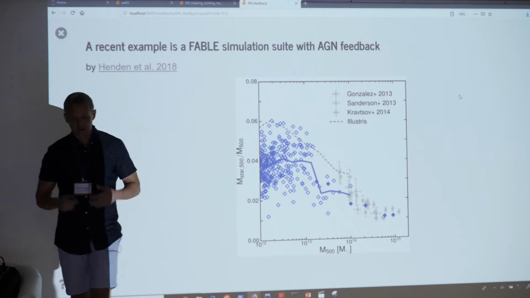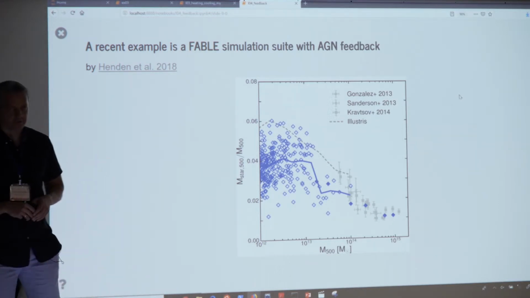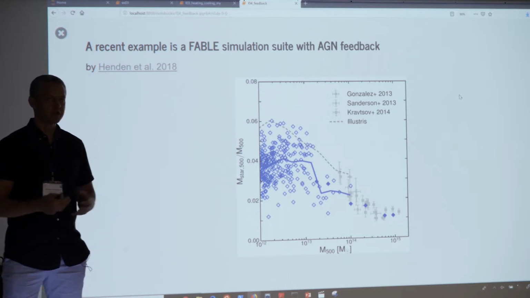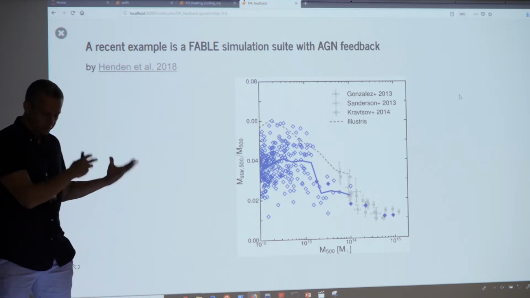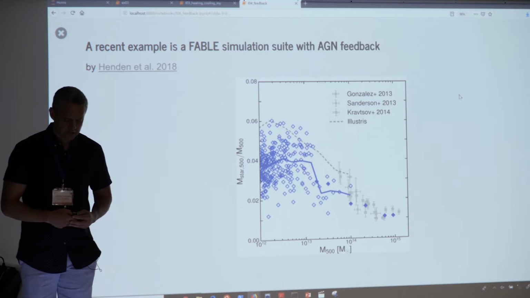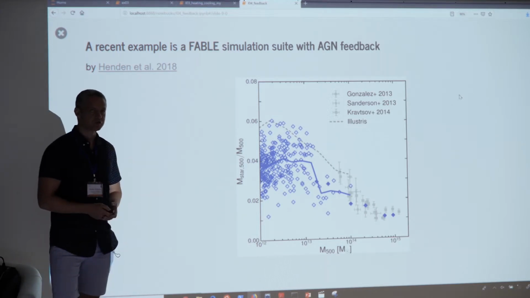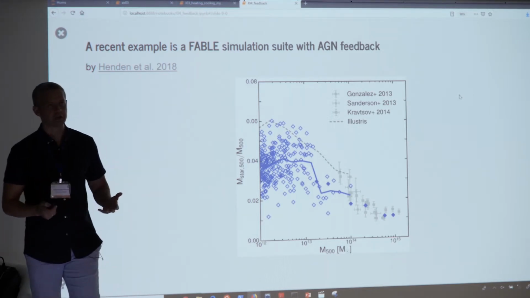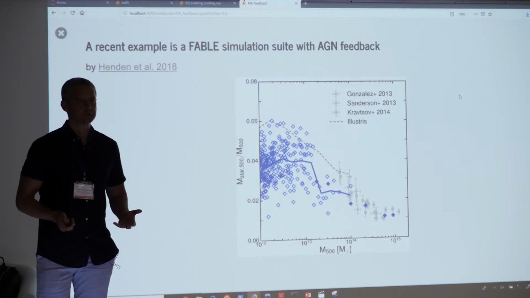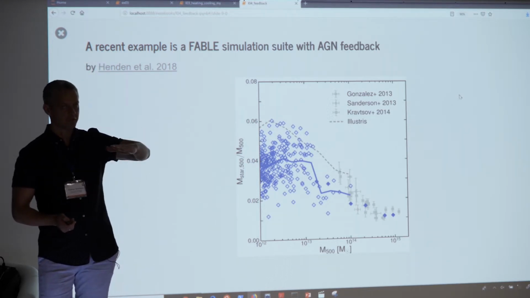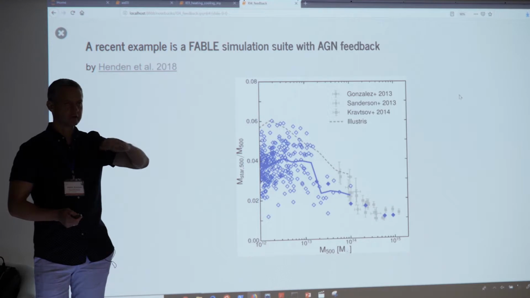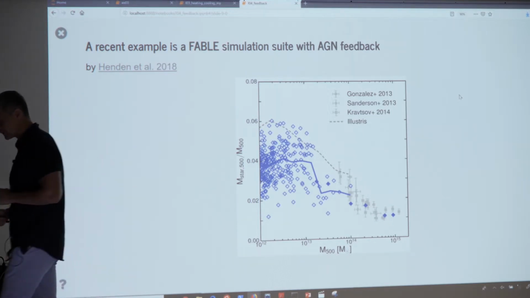In other words, with implementations of feedback that are phenomenological, but are included in the current suites of simulations, these simulations produce stellar masses of central galaxies in these massive halos that are consistent with observations. So in other words, their stellar mass was suppressed until it agrees with this observed stellar mass-halo mass relation at high masses.